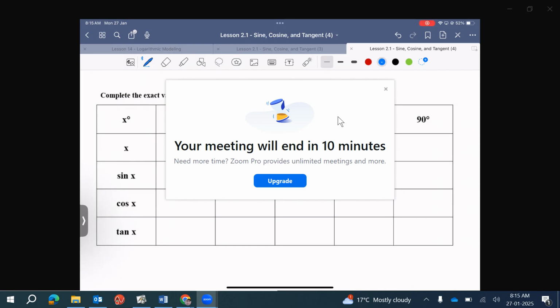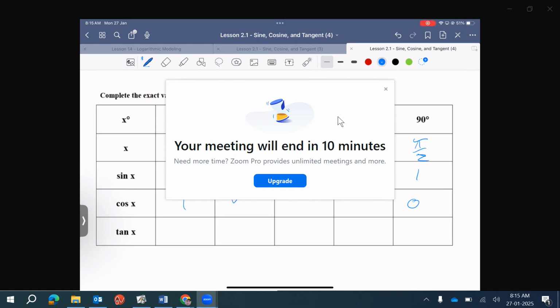Remember that 180 is pi, so this is half of it. 45 is half of that. 60 is a third of 180. 30 is half of that. This starts at 0. This goes the other way. And then you just need to remember a half, root 2 over 2, root 3 over 2.